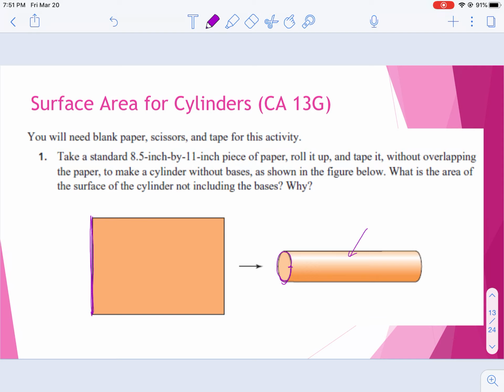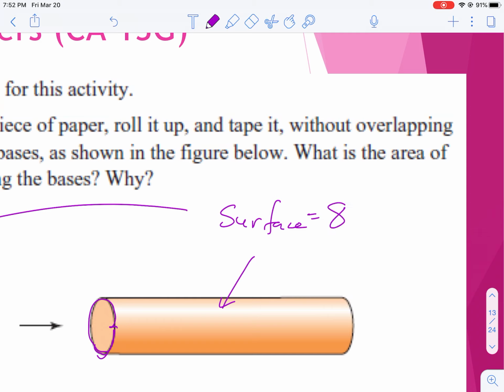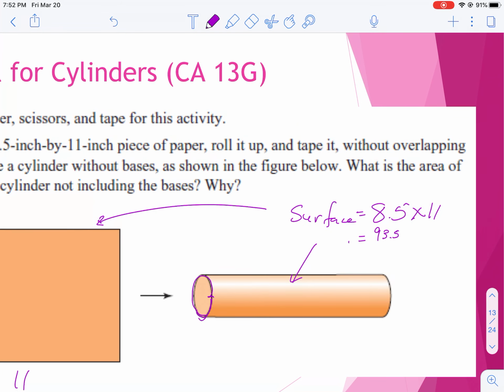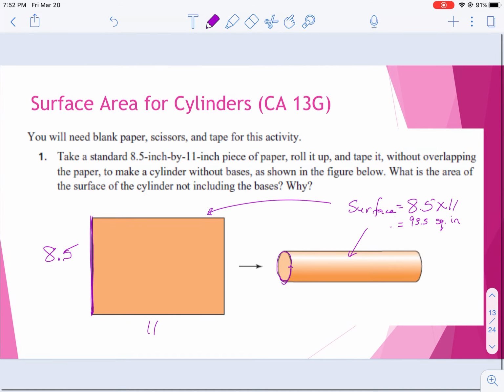You're probably saying this surface has the same area as this, and so you're probably saying, hey, this is 8.5 by 11, so to find this surface area I could just take 8.5 times 11, and you're exactly right. 8.5 times 11 gives us 93.5.